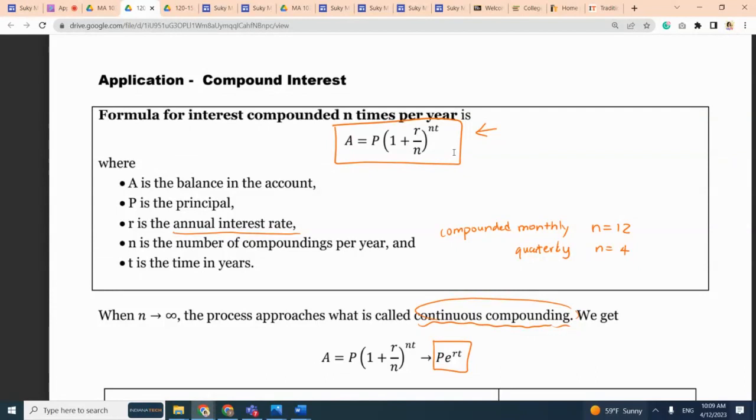Last time, in chapter 1, we talked about the interest equals the principal times the interest rate times t. Let's say it's after 1 year. Then the interest is P times r. Right, everybody?